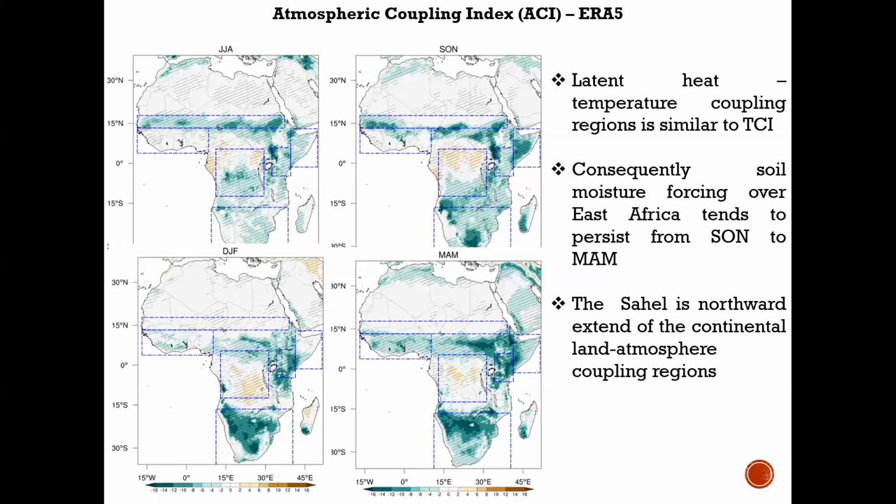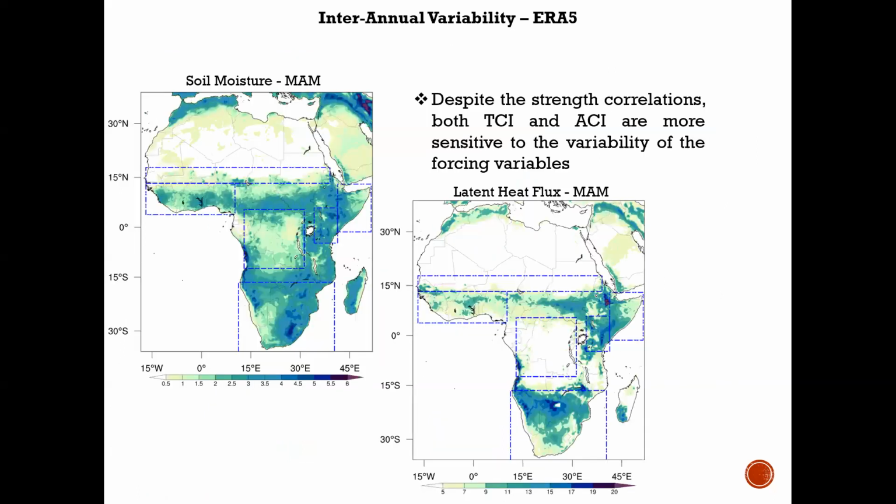Based on the atmospheric coupling index, we see similar results: this relationship is strongest during JJA for the regions in the Sahel and roughly also Central Africa, but for the other seasons we see good signals over East Africa, Southern Africa and parts south of the Sahel, especially during March, April, May.